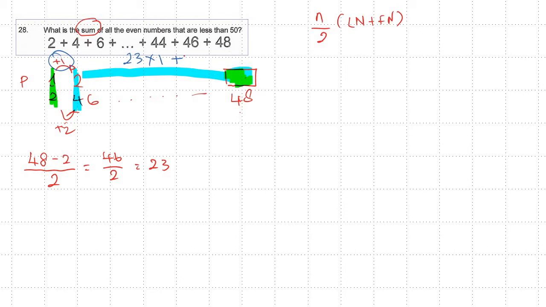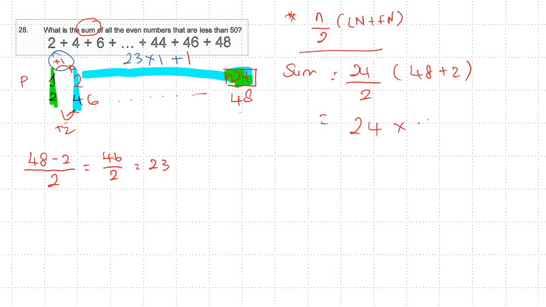Add back 1. So it's 23, add back 1 is 24. As I said, the sum uses this formula. So sum equals n, and here n is 24, divided by 2, times 48 add 2. 24 times 25 gives 600.